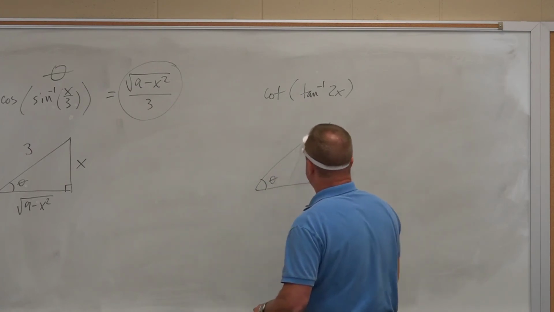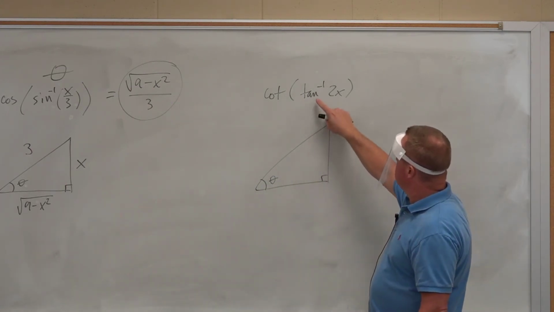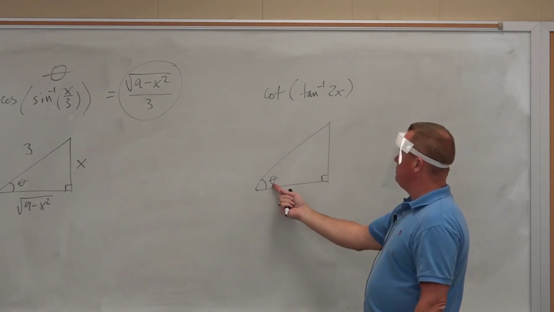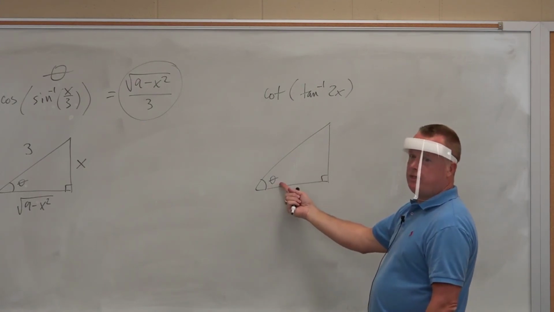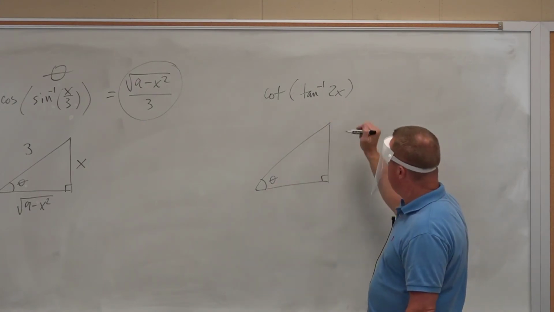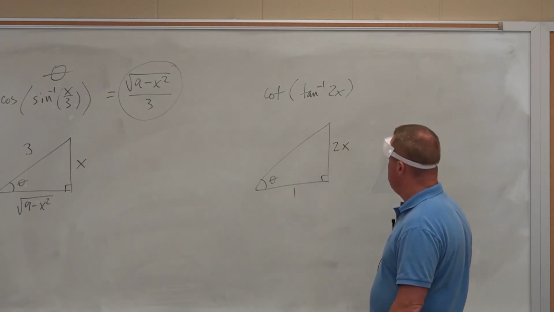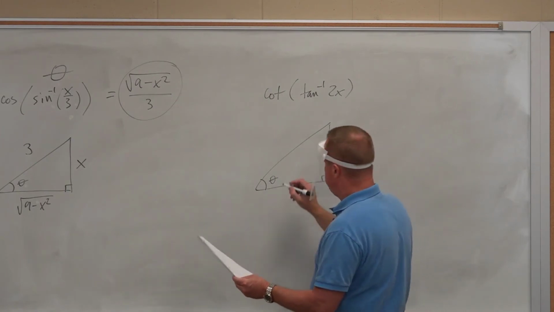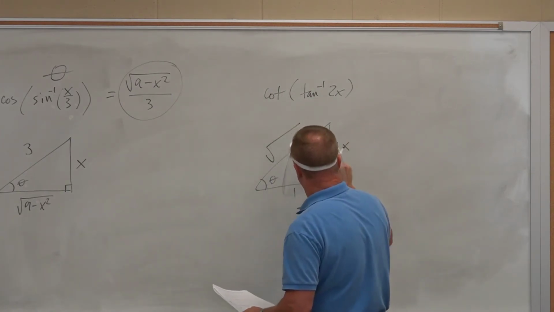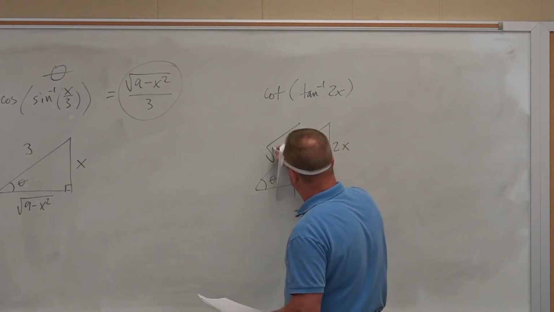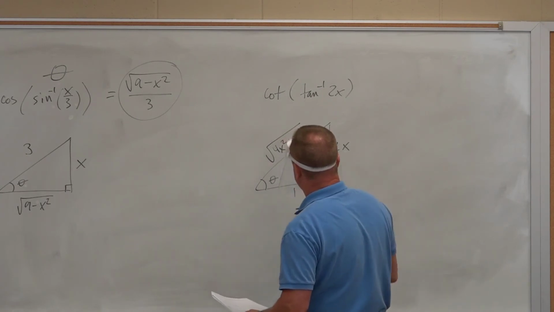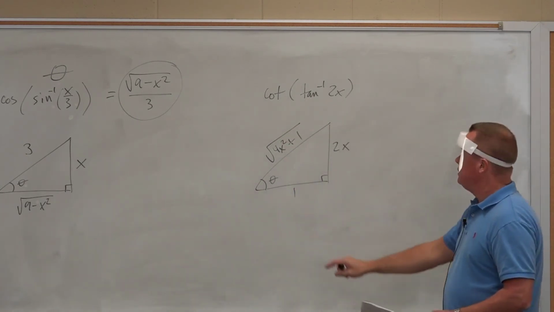This is going to represent the angle. So the tangent of this angle is going to be the opposite over the adjacent, so 2x over 1. That's 2x, that's 1. By the Pythagorean theorem, this side would be the square root of this squared plus that squared. So I get that triangle.